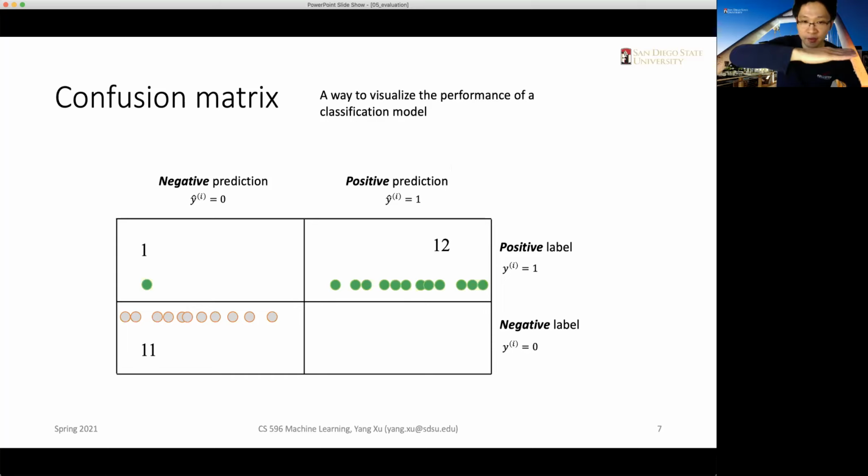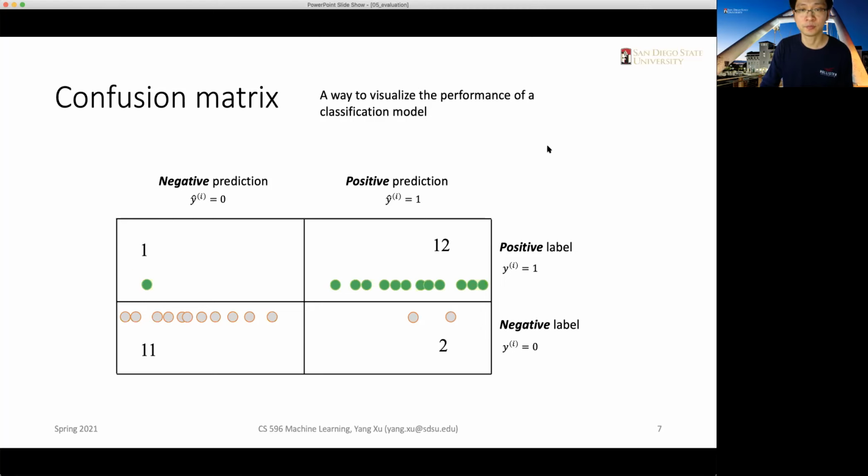It's in the first row, but it appears in the first column. On the other side, there are 2 negative labels that are mispredicted as positive. They're supposed to be in the first column, but now they're in the second column.